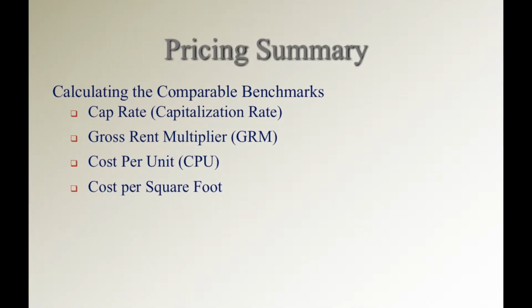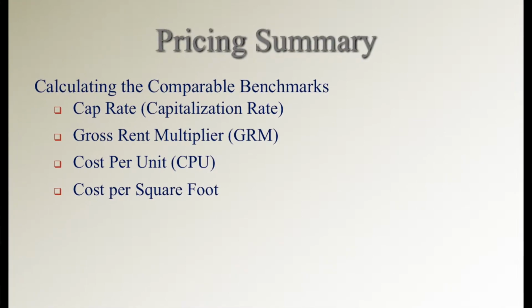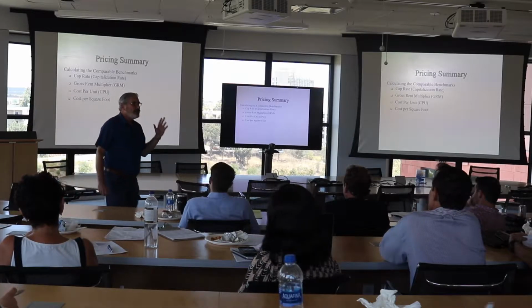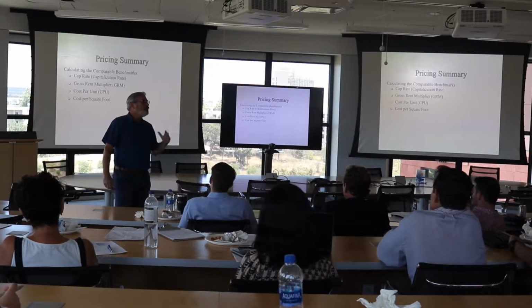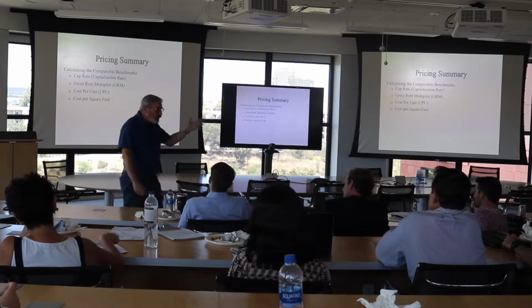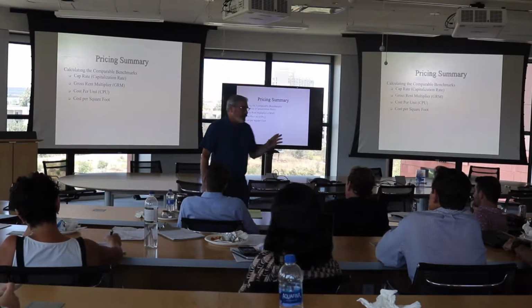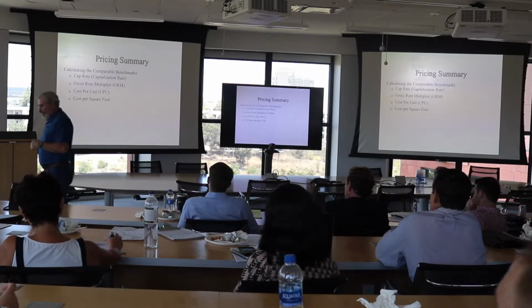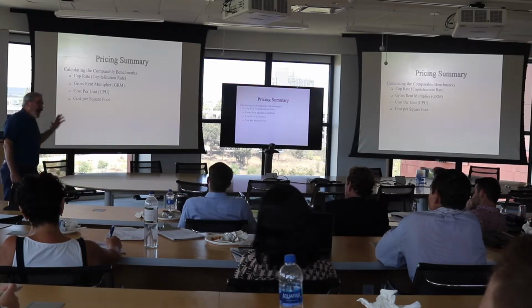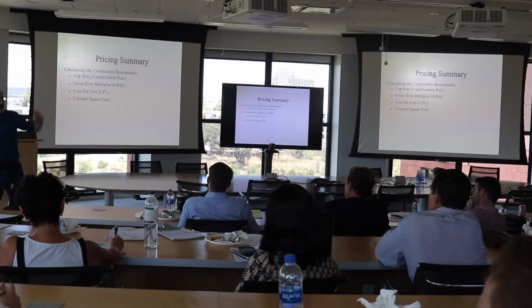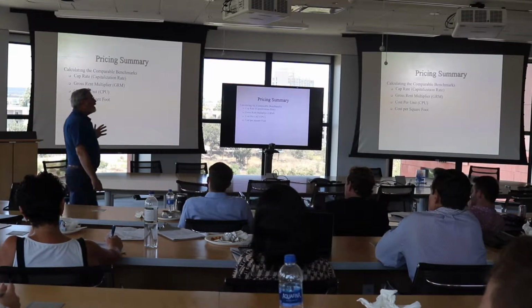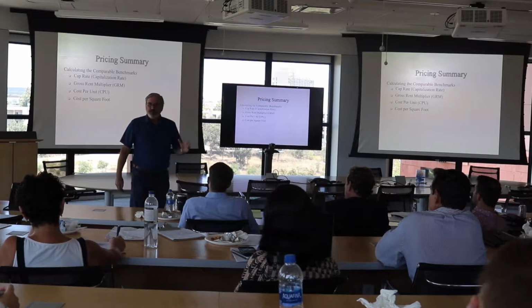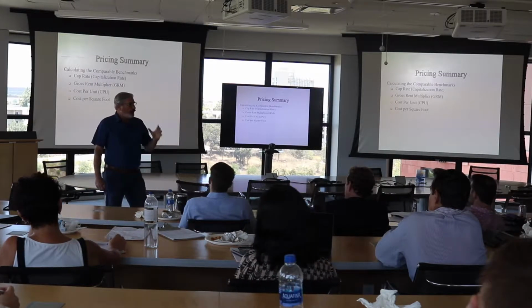Gross rent multipliers are most common in properties that are traded more commonly, like the 8 to 10 unit. You're probably going to be talking gross rent multiplier. Cost per unit is also a good measure. As the assets become more expensive, we become more concerned only about the cash flow metrics. Why?